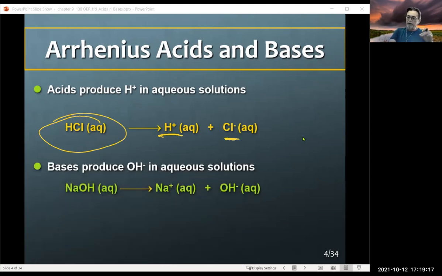With respect to a base, Arrhenius base, it is any compound that when dissolved in water in an aqueous system, dissociates to produce the hydroxide ion, okay? So sodium hydroxide, which is what you find in liquid plumber, is a base, very, very alkaline in nature, okay?